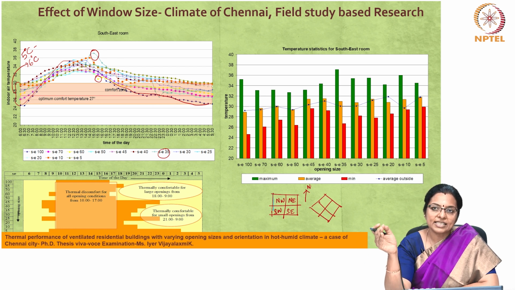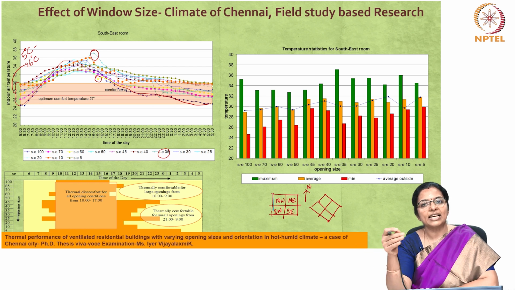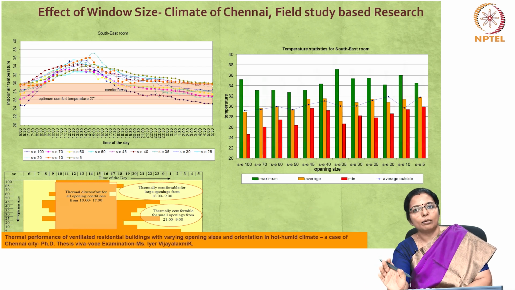As the opening size reduces from 50% to 5%, the comfort hours decrease and the indoors become uncomfortable. These rooms are suitable for habitation in the late evenings, either at night time or in the morning time.